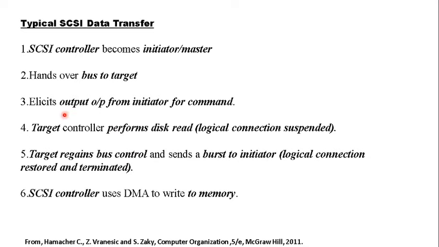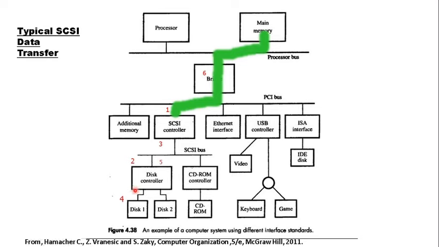In the next step, the master of the bus is now our target. It has to ask the SCSI controller, the actual master, what it intends to do in this transfer. So now the disk controller is master of the bus, and in step 3 it asks the SCSI controller what it wishes to achieve.